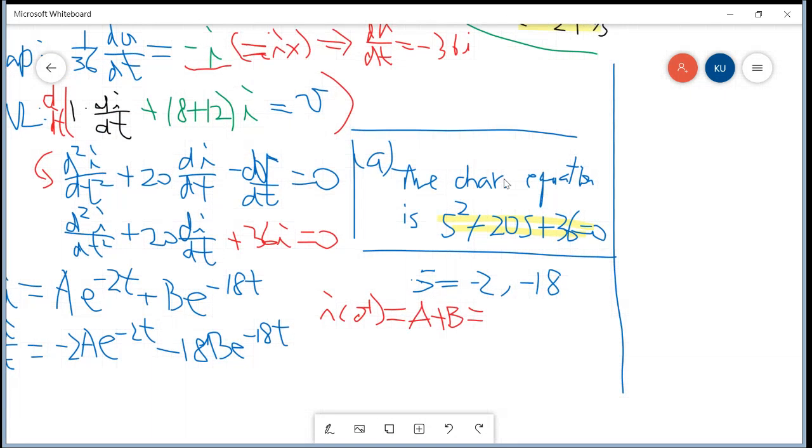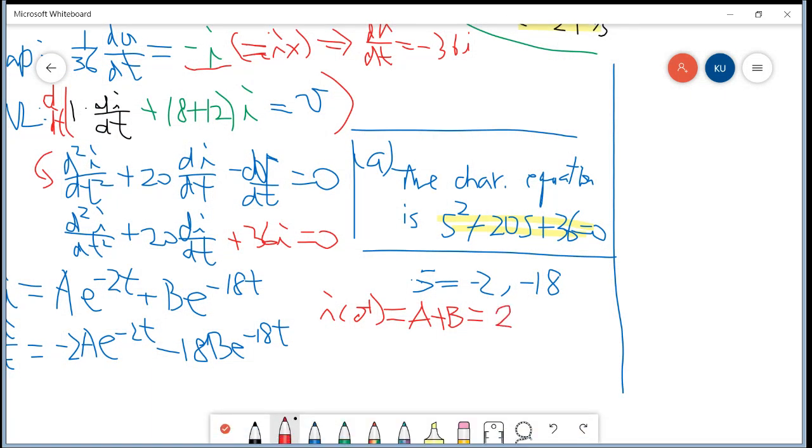Which is 2, and then di(0+)/dt is actually minus 2a minus 18b. Minus 2a minus 18b equals this one.